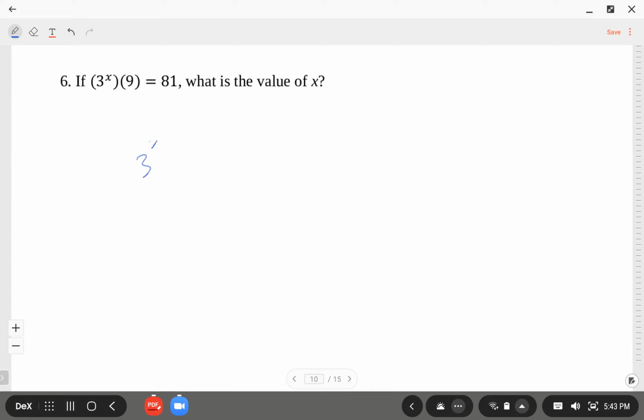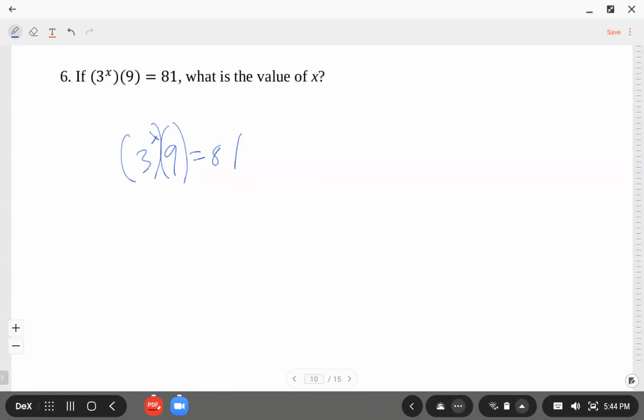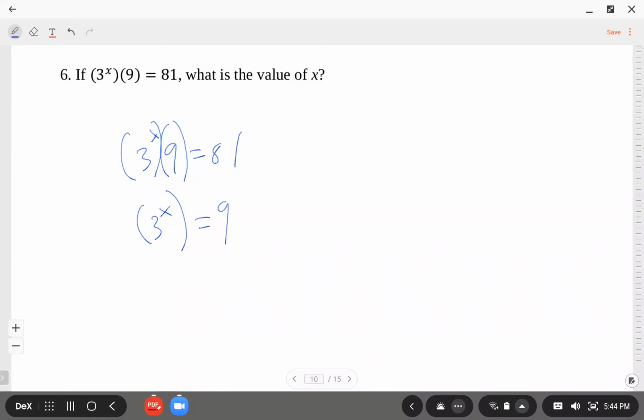Let's do this. 3 to the x power times 9 equals 81. What are we going to do first? Recall your algebraic knowledge. Divide by 9 first. So our simplified version will be 3 to the x power equals 9, because 81 divided by 9 equals 9.